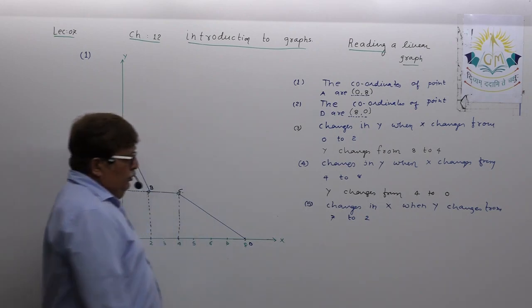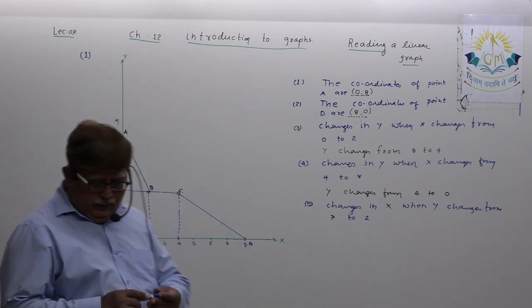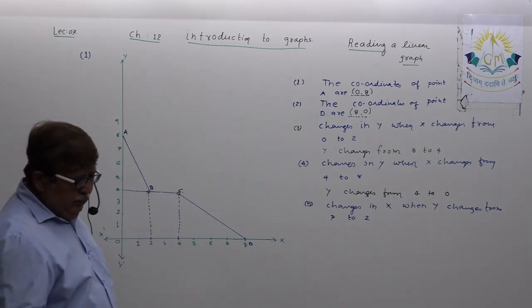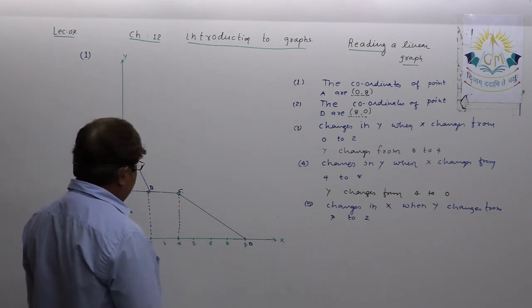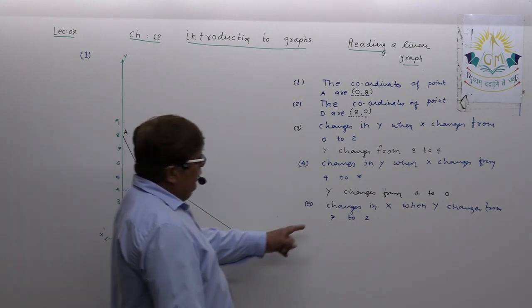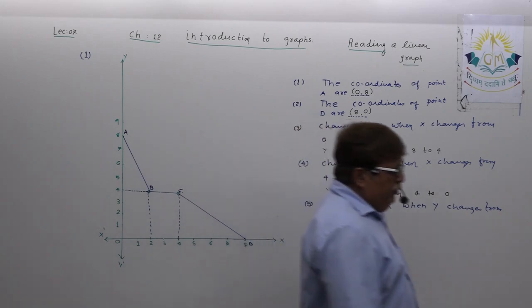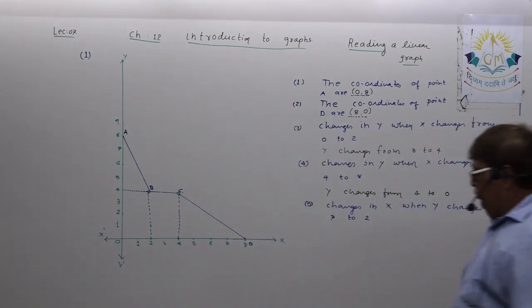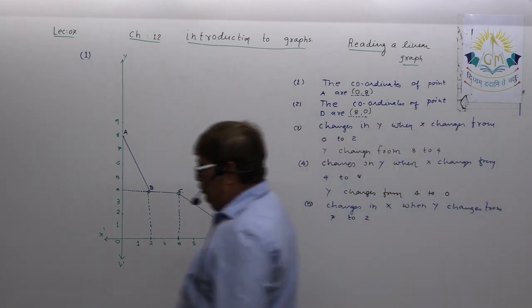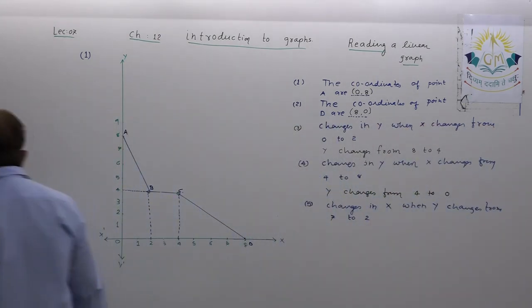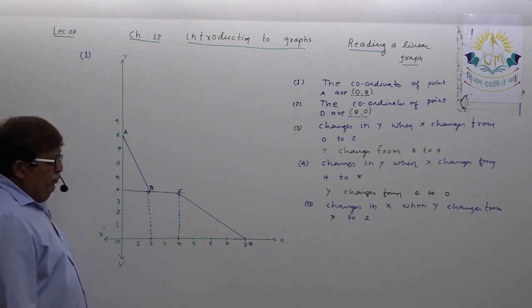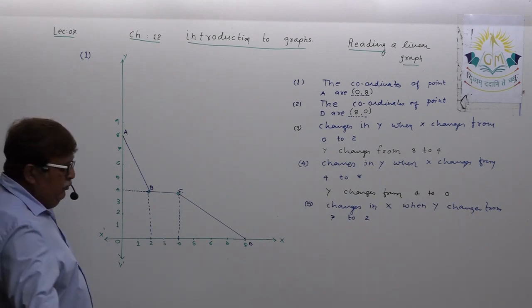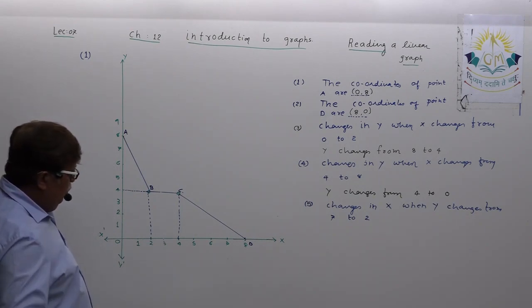Okay, first please note down the question and then let us try to answer this particular question. Changes in x when y changes from 7 to 2.